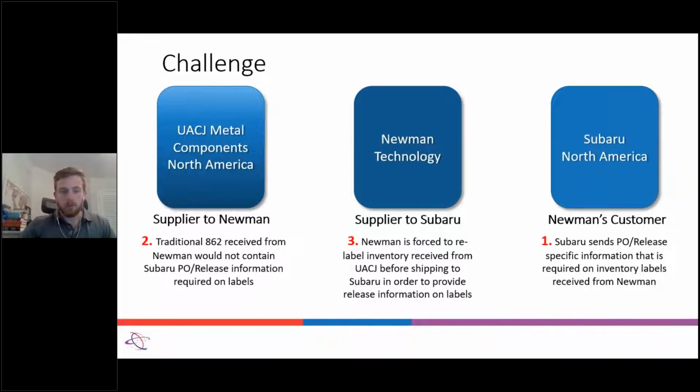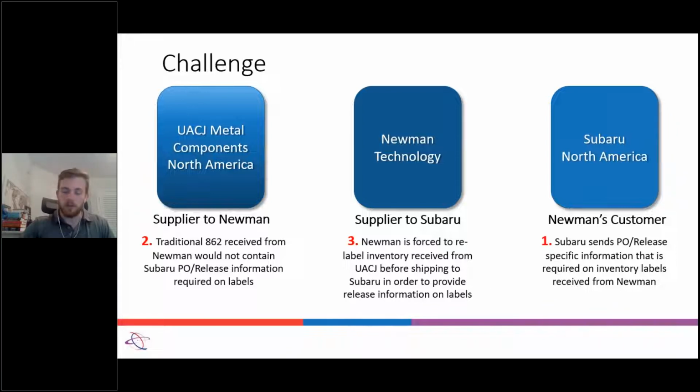So the typical 862 received by Newman from Subaru didn't have a method for automatically including that information on the ship schedule releases sent to UACJ. So what they did prior was use typical MRP demand, sending against a combination of discrete and blanket supplier purchase orders from Newman to UACJ.